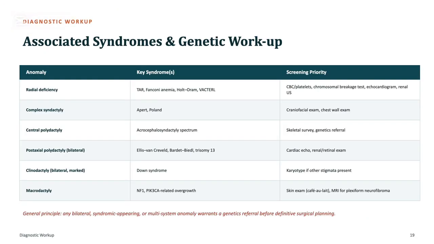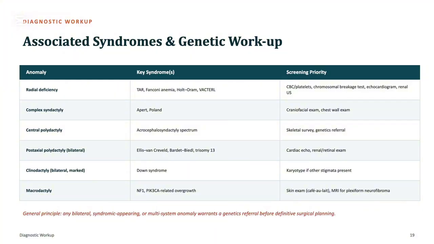That's it, but there are very important things to take in your mind that we will walk through one by one. The anomaly, radial deficiency or radial club hand, is associated with TAR, Fanconi, Holt-Oram, VACTERL.